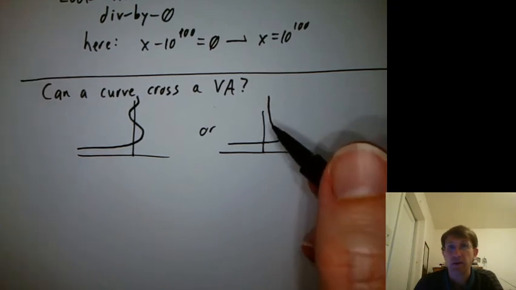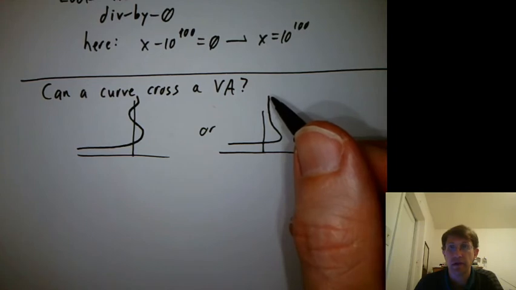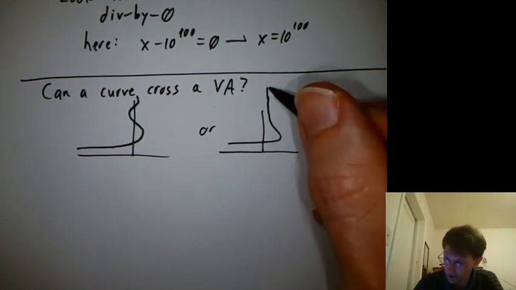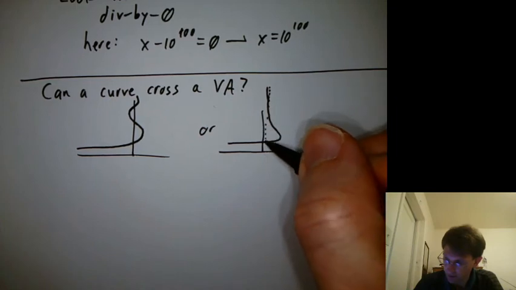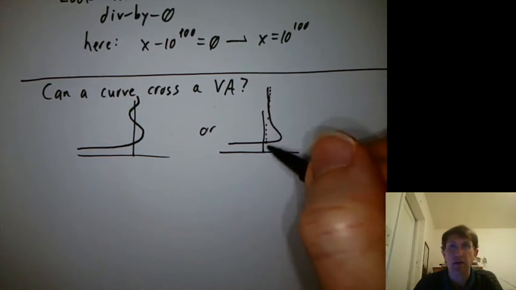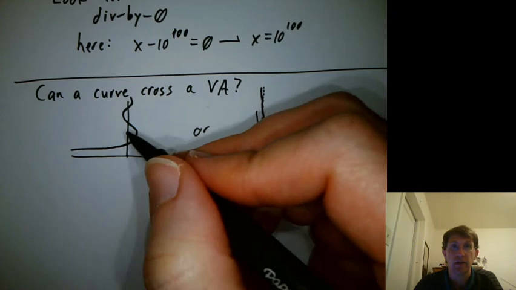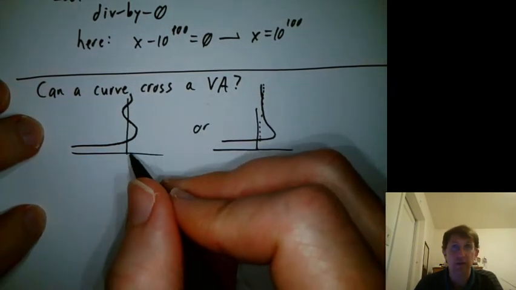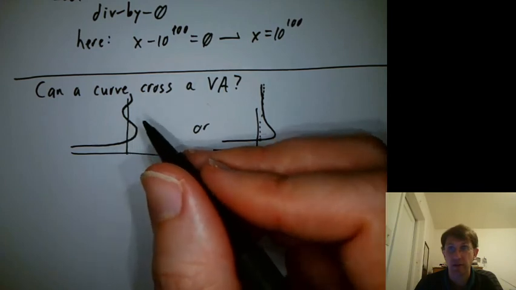What do you think? That's a perfectly good curve, but is it a function? Well, if I drew another line here, just barely off from my asymptote, it would cross that line twice. Here it's crossing that line more than twice. So these are not functions. They fail the vertical line test.